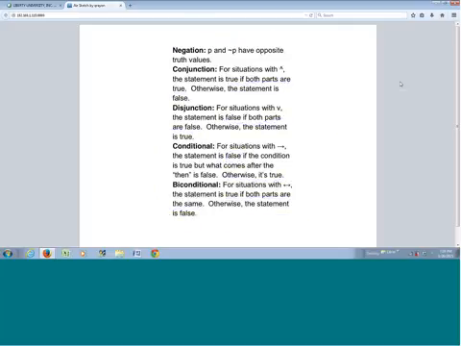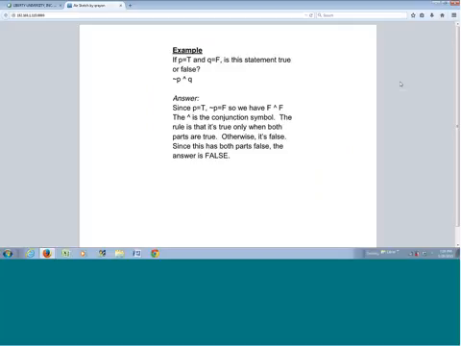Okay, so let's do some examples. Let's say we have P is true, Q is false, and then I have this statement here, negation P, conjunction Q. So I need to know, is that true or false? Well, since P is true, negation P is false.